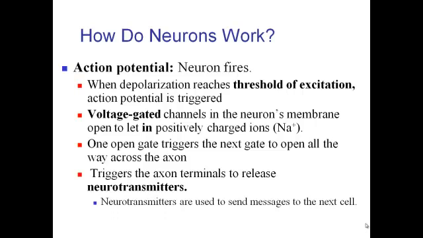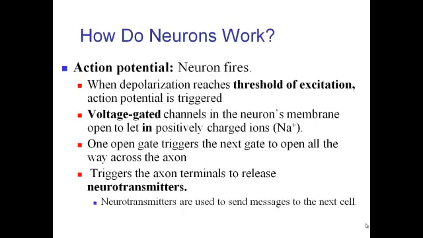When the depolarization reaches what is called the threshold of excitation, the action potential is triggered. So in other words, the depolarization starts happening. More positive ions coming in. The cell is becoming less negative, less negative, less negative. When it reaches a certain point, the threshold of excitation, boom, the action potential happens. The neuron fires.